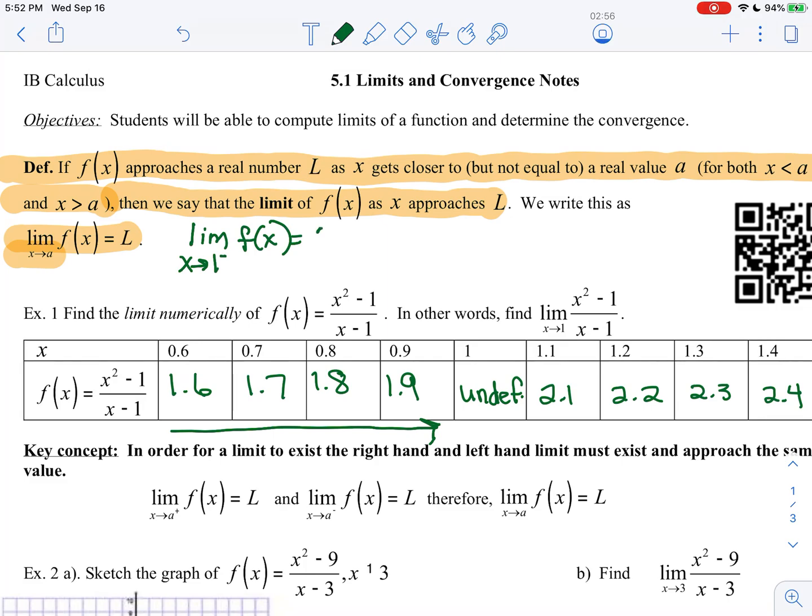To me, it looks like 2. Then I look at the limit as x approaches 1 from the right. So that's 1.4, 1.3, 1.2, 1.1. It's going to 2. So then the limit as x goes to 1 of x squared minus 1 over x minus 1 is in fact 2.